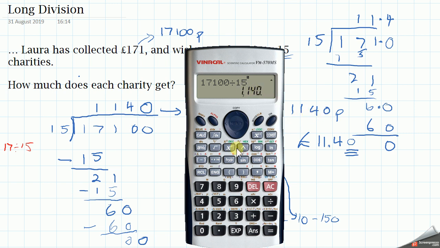If we do 171, no decimal places, no numbers to put in, and divide that by 15, press equals, I get 11.4, this solution. The calculator doesn't know it's money, so it doesn't show that 0, so we need to put it in. And that's the calculation done using a calculator to check our answers.